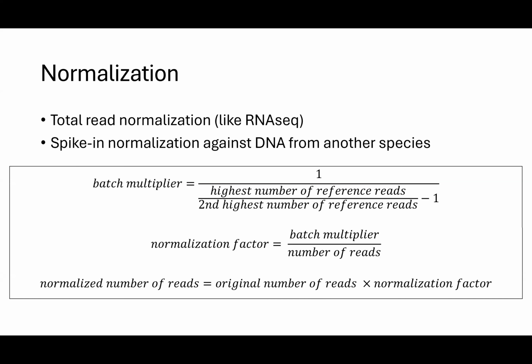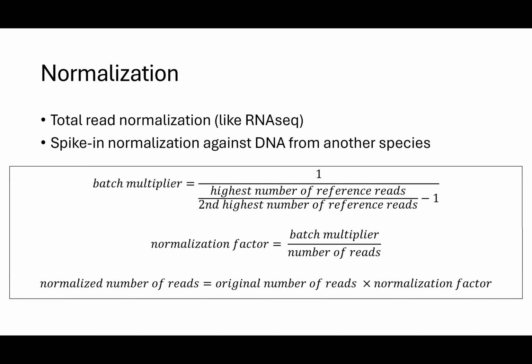I'll just explain normalization for a second. We talked about last time that for RNA-seq, we assume the total amount of RNA between samples is not changing, so we normalized the libraries to each other based on how many reads we had. We're basically only comparing whether gene A is 2% of the reads in one sample and 4% in the other.